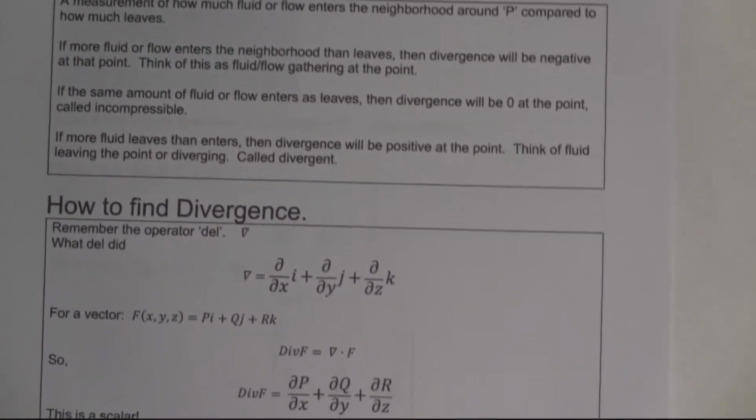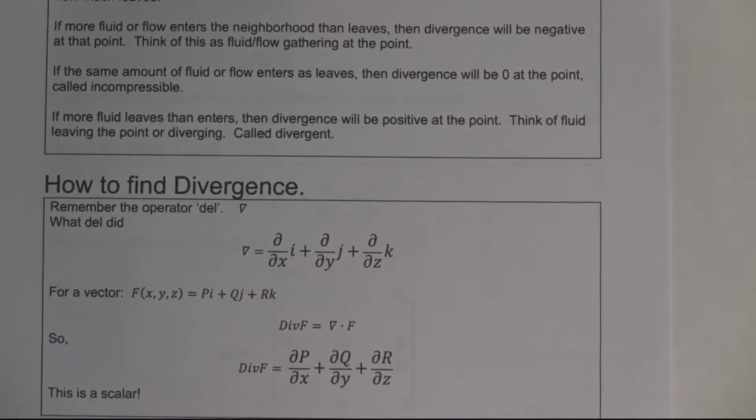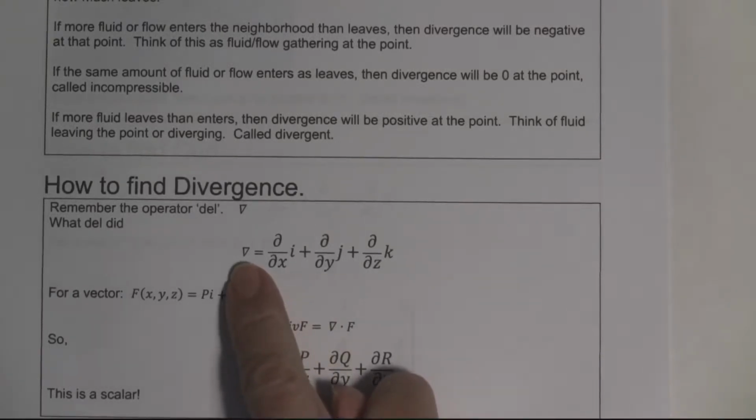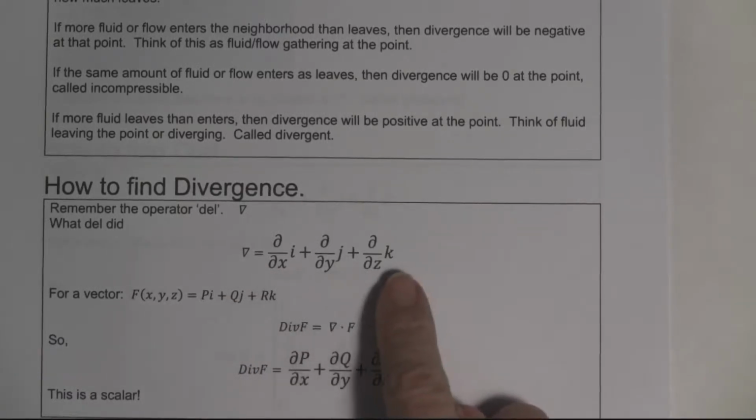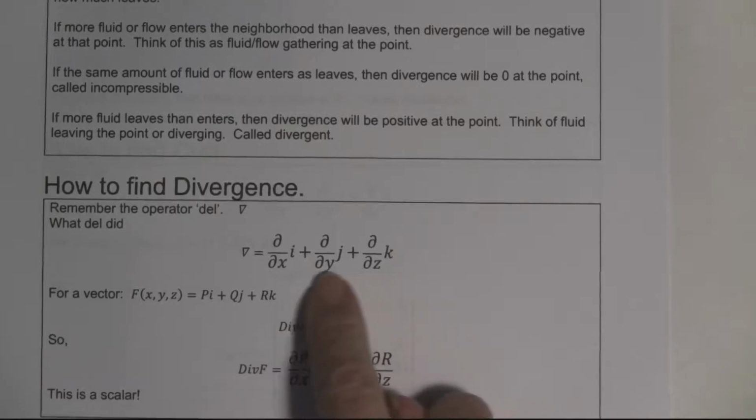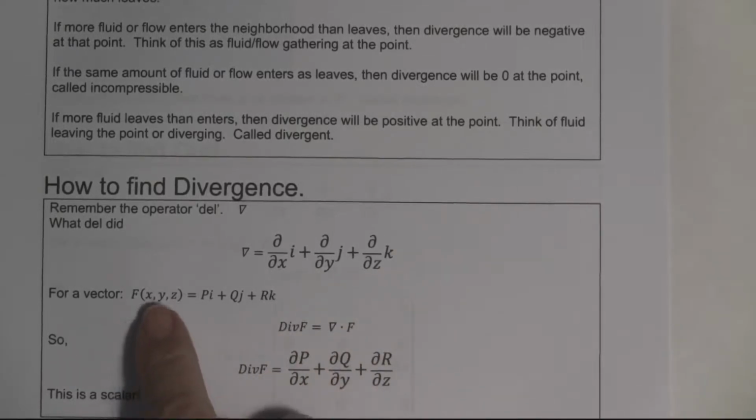How to find divergence? Remember the operator del when we were finding the gradient? They say del could be thought of as the partial with respect to x, partial with respect to y, partial with respect to z. That's a vector. And then you also have this vector, our vector field.